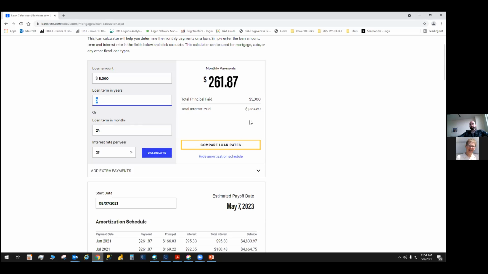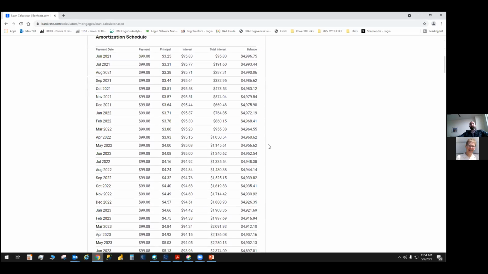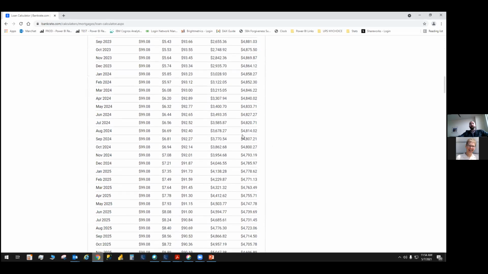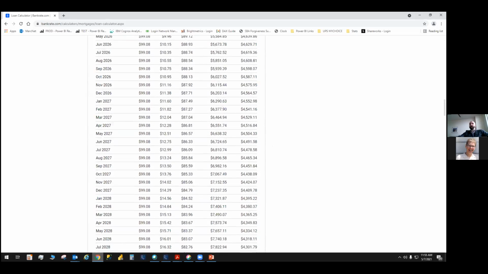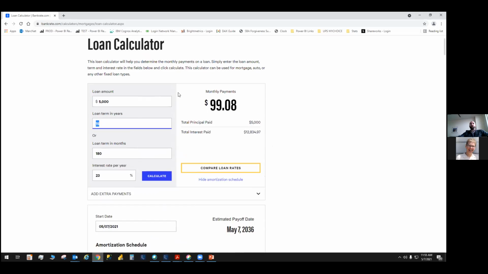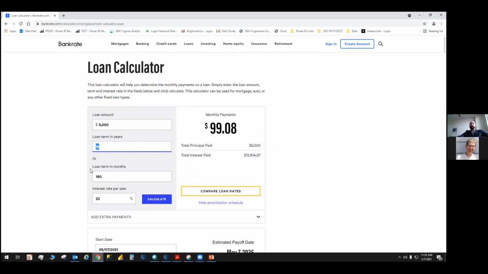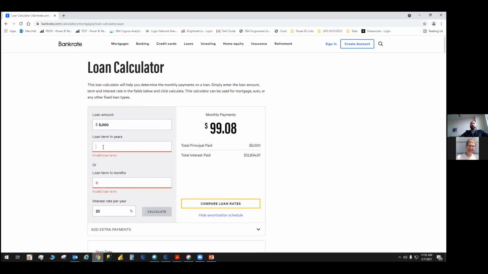That's 1.5% of 5,000. Can we try that amount of a payment and see, will this calculator let us do that? I don't know that this one will let us do that, but what we could do is eyeball it. So 1.5% of 5,000 is $75.